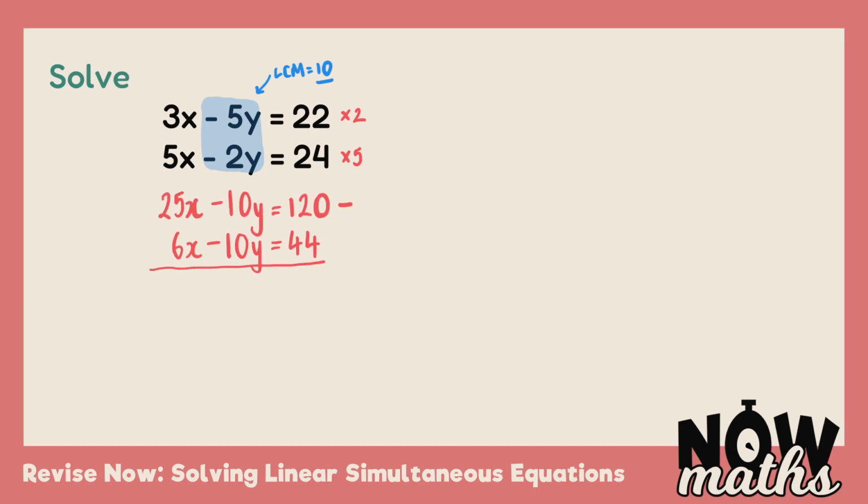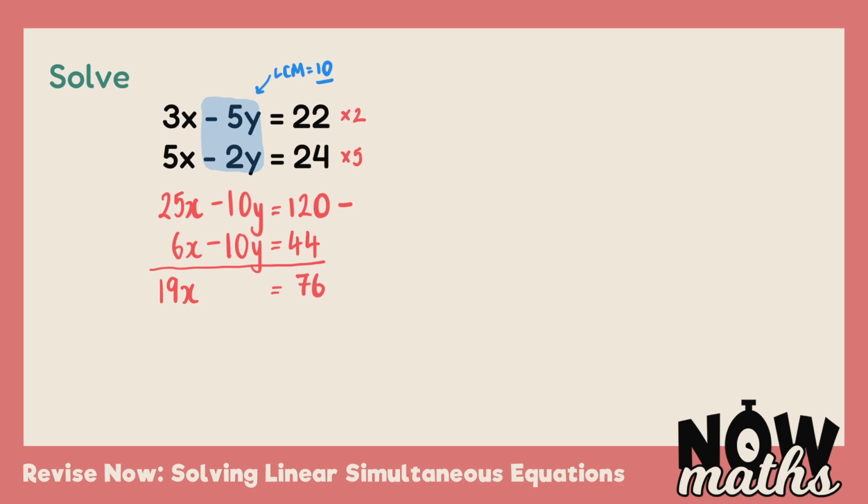Now we have them written the other way around, we're going to subtract. So starting off with 25x subtract 6x, we get 19x. Then -10y subtract -10y is 0, so we don't write that down. And finally, 120 subtract 44 is 76.